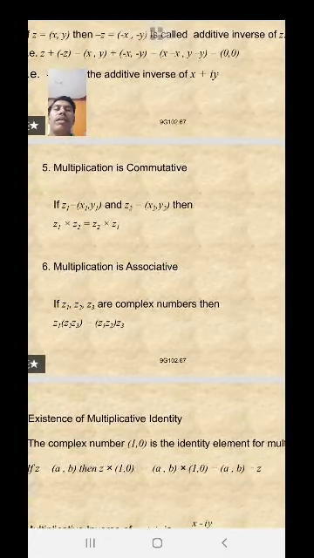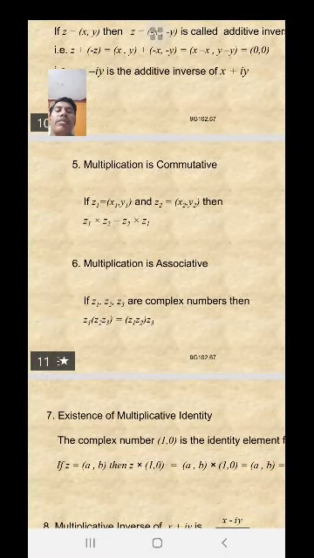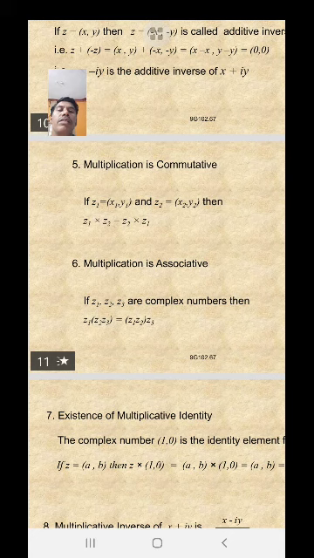Multiplication is commutative. If z1 = (x1, y1) and z2 = (x2, y2), then z1 z2 = z2 z1. Multiplication is associative.